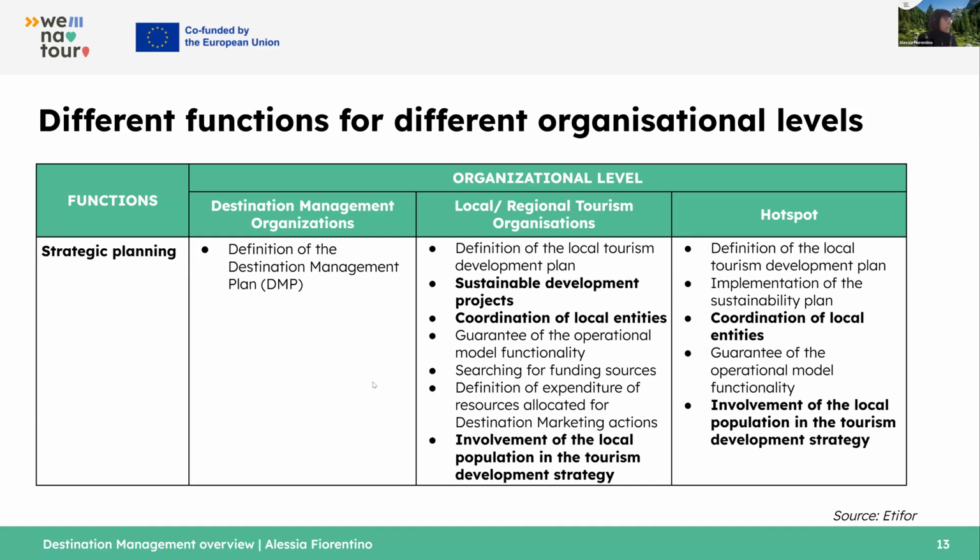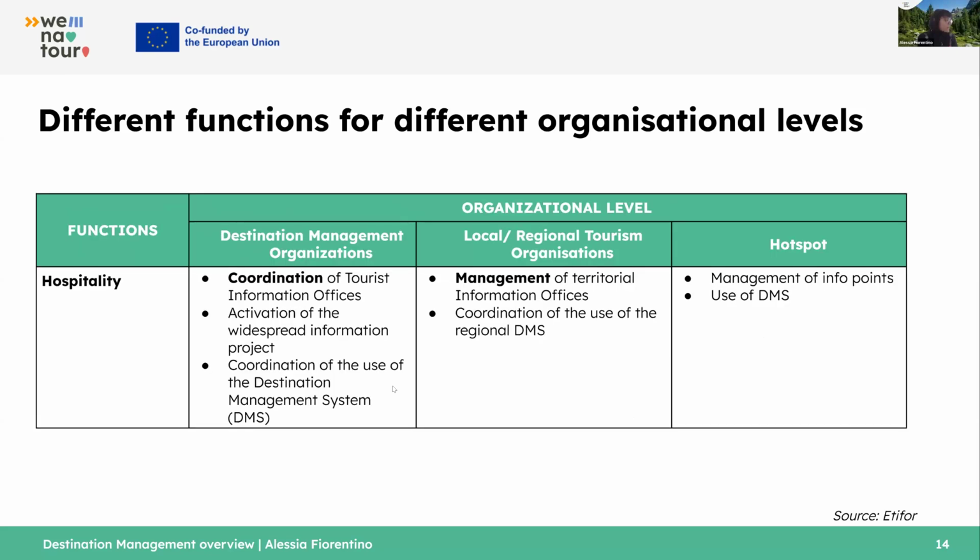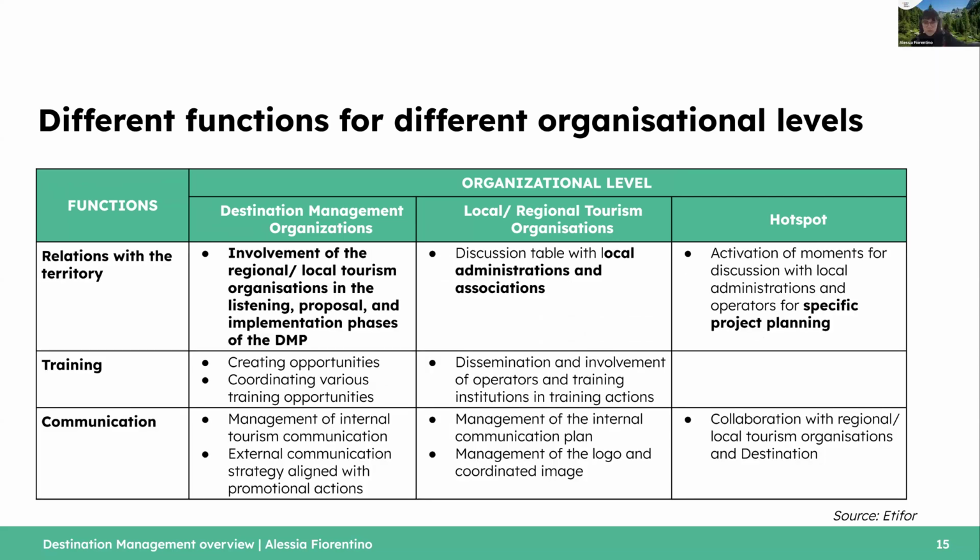Okay. Then how do we manage hospitality in these different levels? For instance, the DMO at national level coordinates the tourism offices while the regional or local level manages these offices. What about projects? The wider DMO needs to involve, of course, the local tourism organizations in writing their destination management plan.